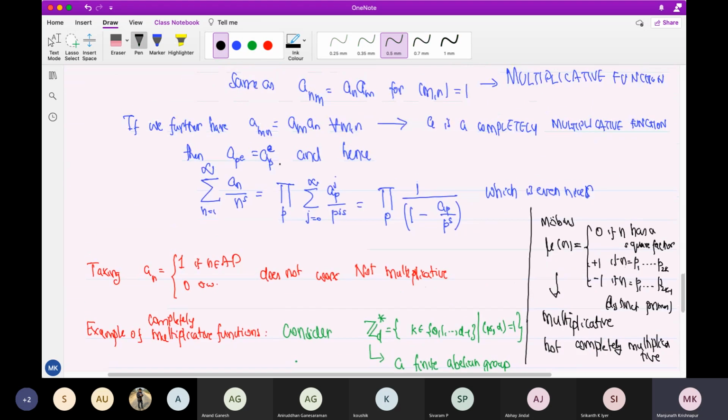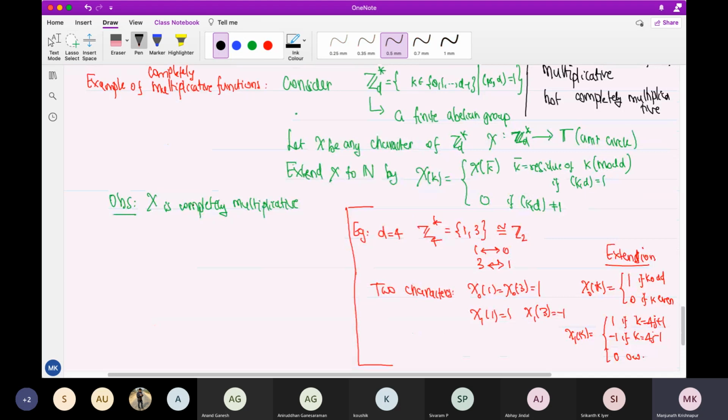Modulo all the convergence issues, is this okay that it is completely multiplicative? So modulo that, we get this amazing conclusion. If you look at the sum of chi of n over n to the power s, n equals 1 through infinity, that is equal to the product over primes of 1 over 1 minus chi of p over p to the power s.